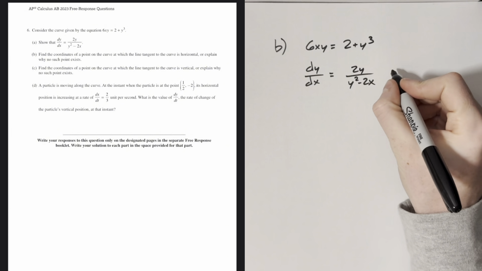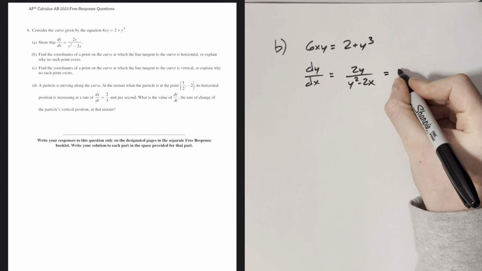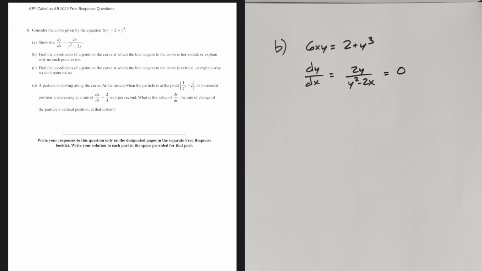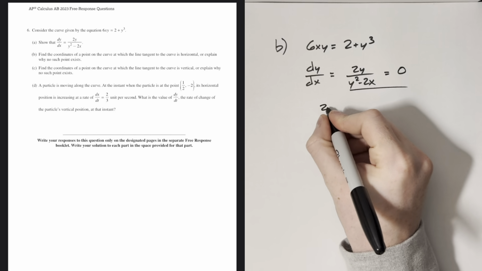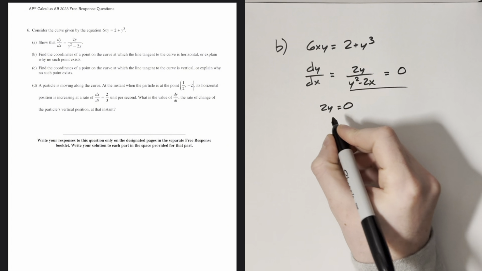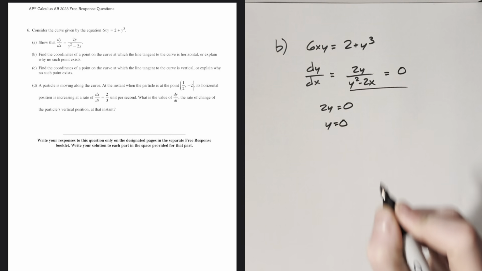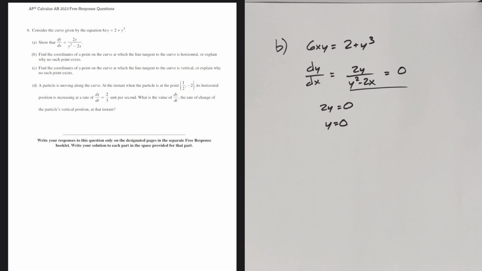Well, in order for there to be a horizontal tangent, the derivative at that point has to equal 0. So in order for this equation to be true, 2y has to equal 0, or more specifically, y has to equal 0. Now, you may say, oh, great, y equals 0. Yes, there must be a point, right?